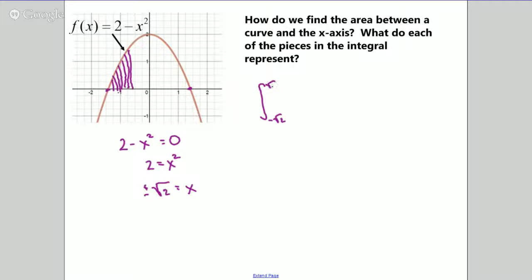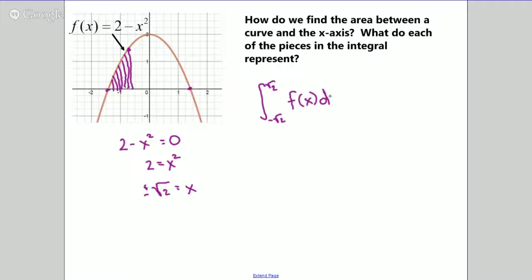And I want to sum up a whole bunch of rectangles, right? Each rectangle has a varying height. The height is dependent on whatever the y value is here on the function, right? So in each case, the height varies, but it's always equal to f of x. In this case, 2 minus x squared. So it's dependent on where I am on the x-axis. Now the width is always what?